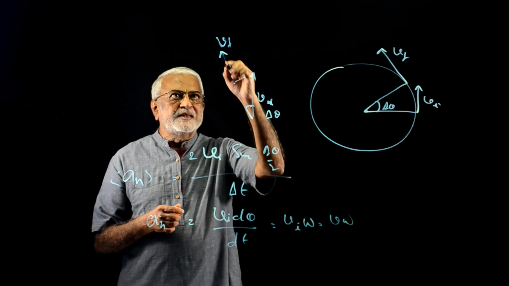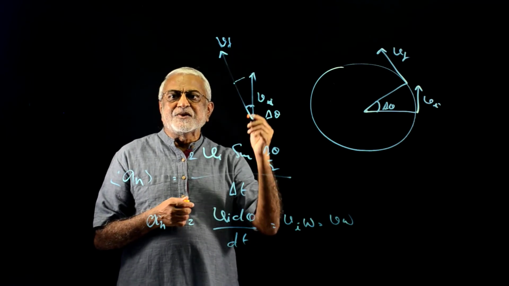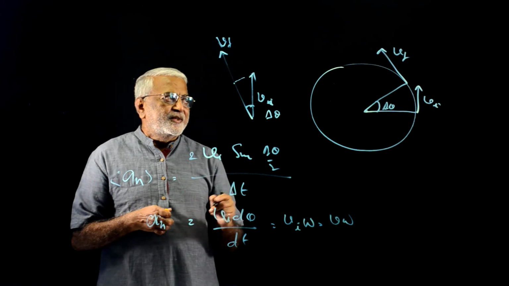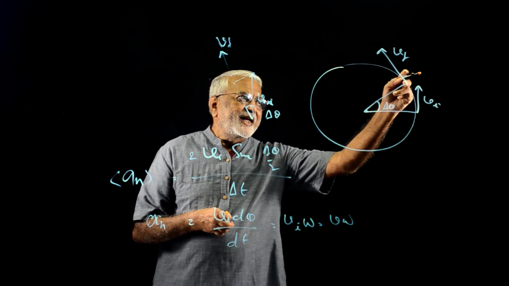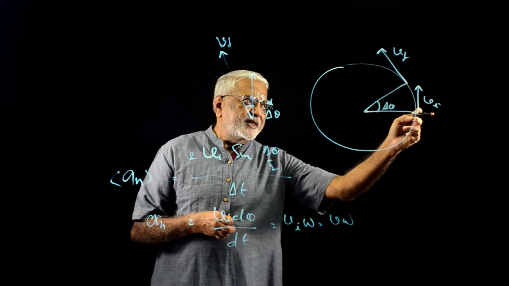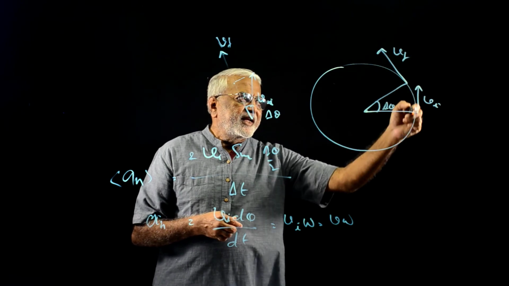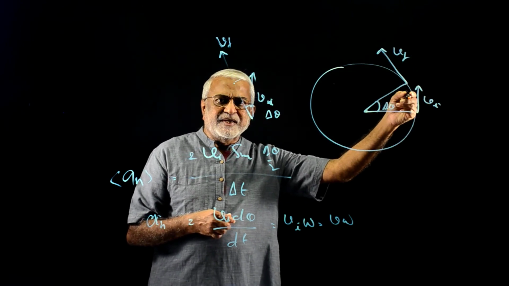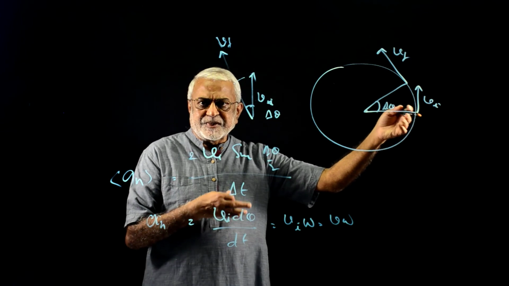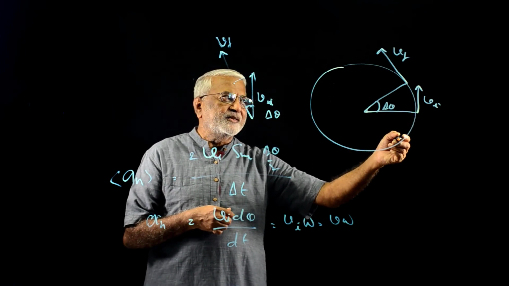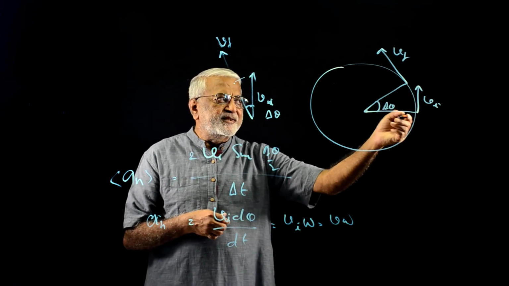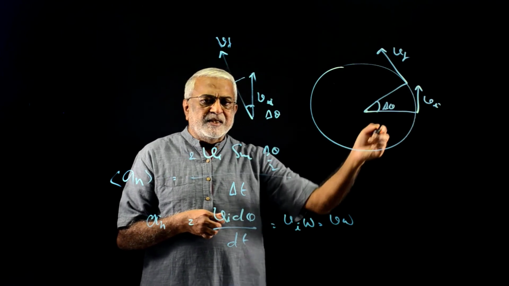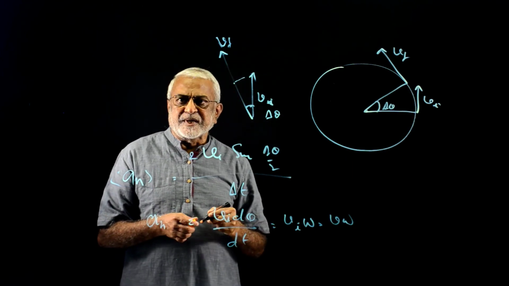And this part, delta v by delta t, is the tangential acceleration. So we want to see it here as the angle tends to 0, this point moves close to this. There will be an acceleration parallel to the tangent. That will be vf minus vi by delta t as delta t tends to 0. That is tangential acceleration. And the other is normal acceleration perpendicular to vi, and that will be v times omega.